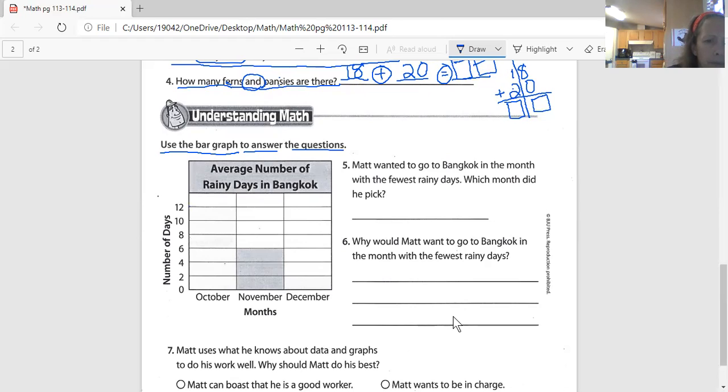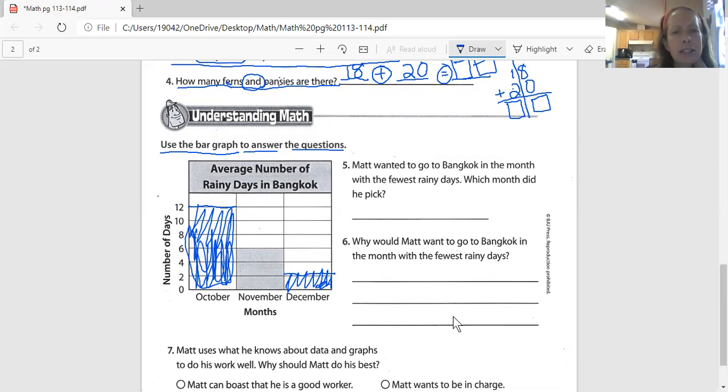October actually has this many. It's October. And then December, I see this many. If you can see yours on your paper, that's great, but my paper isn't very clear when I pull it up on the computer. Okay?